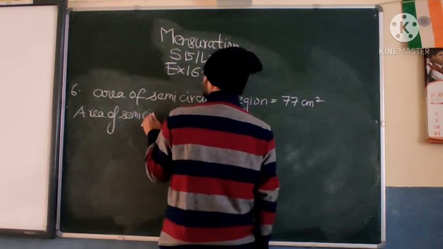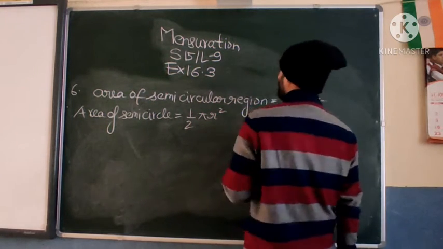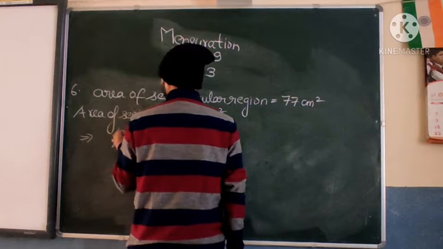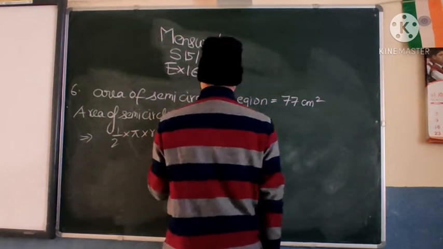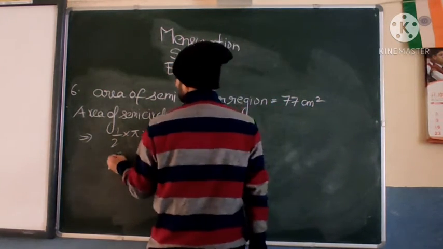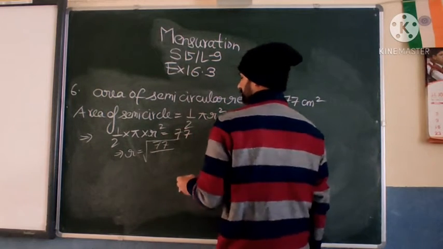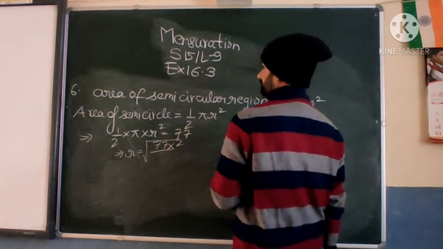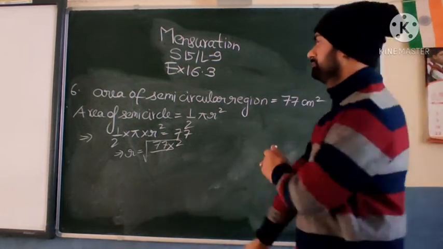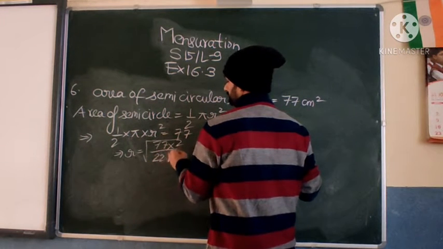So what is the area of a semicircle? Half of pi r square, that is, pi r square by 2. So pi r square by 2 equals 77. Then r square is equal to 77 into 2 by pi, where pi is 22 by 7, so into 7.